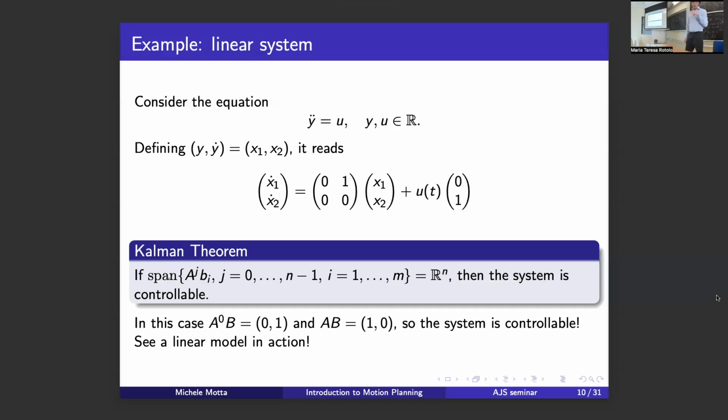Okay, these models are very simple, so everything is linear, everything is well behaved. But they are very effective to describe concrete situations. So, for instance, to control a vertical pendulum, you can make a picture to describe the situation.